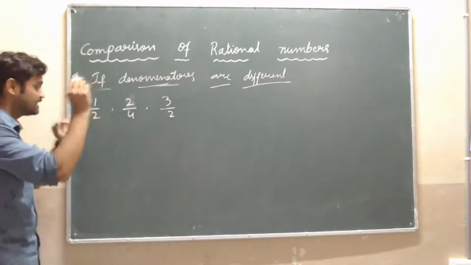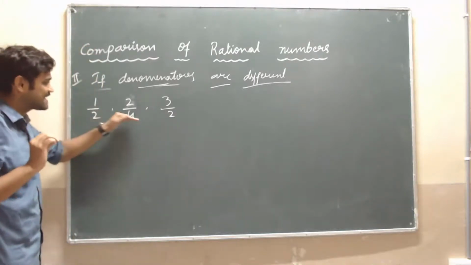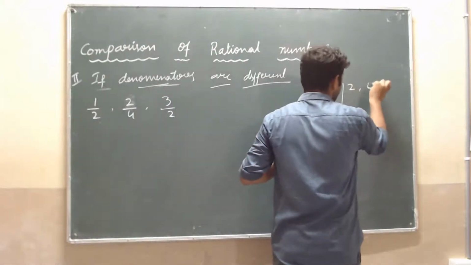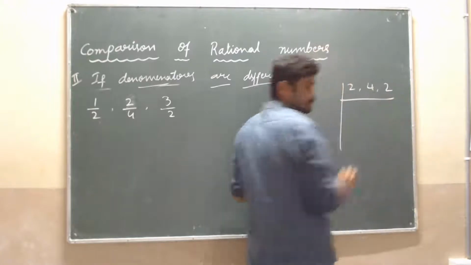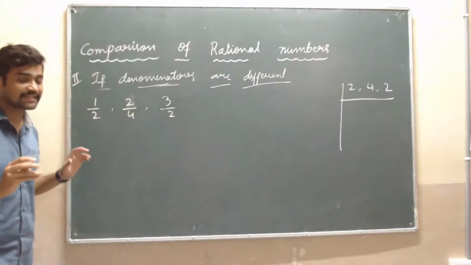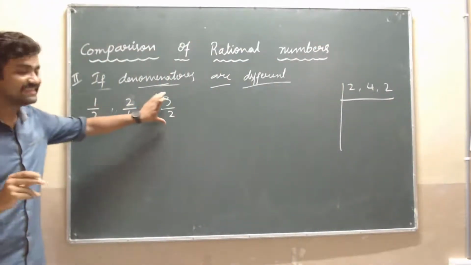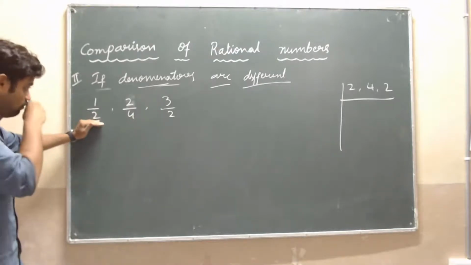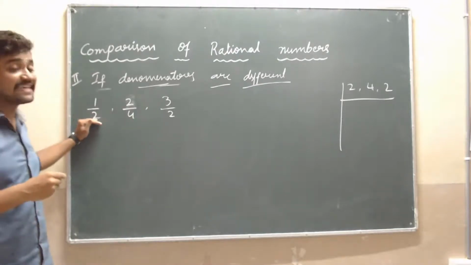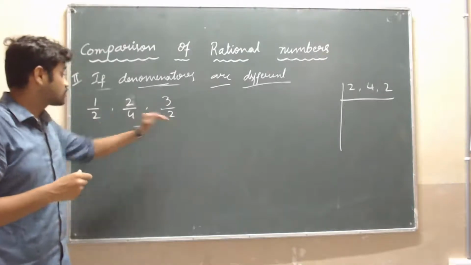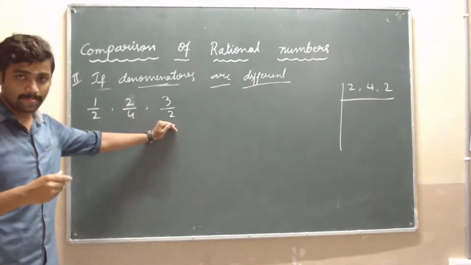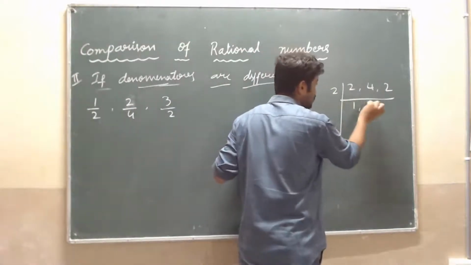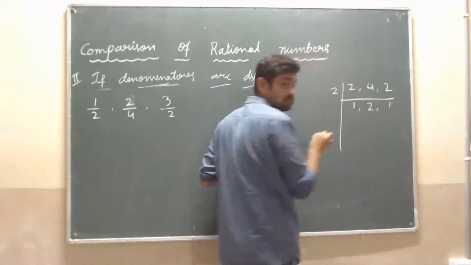Simple as that. See, first we have to take the LCM of these denominators, 2, 4, 2. Then what is the answer here? 2 ones are 2, 2 twos are 4, and 2 ones are 2.